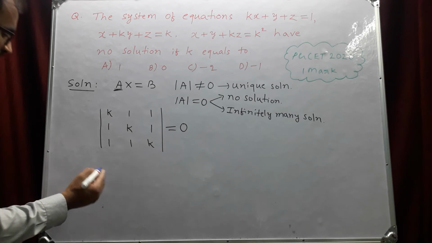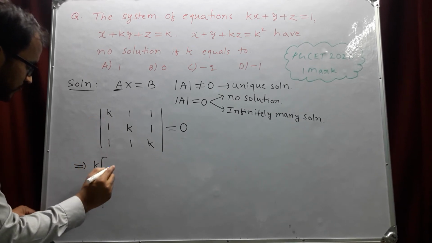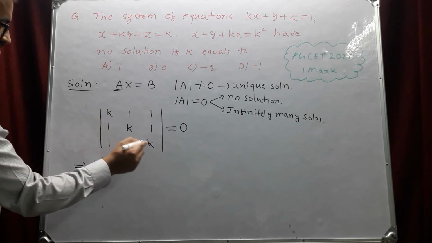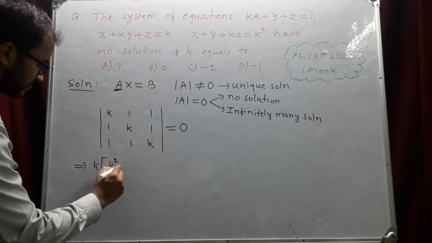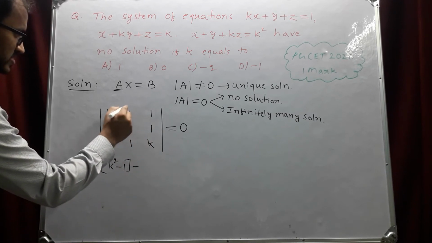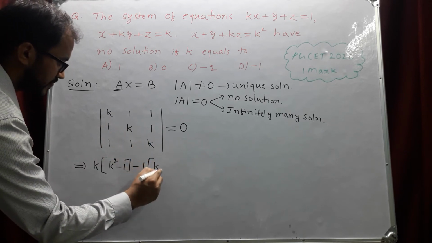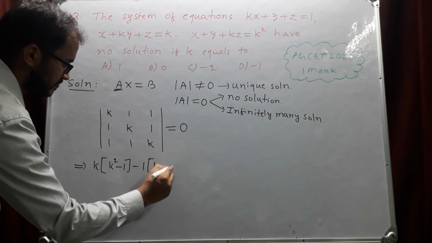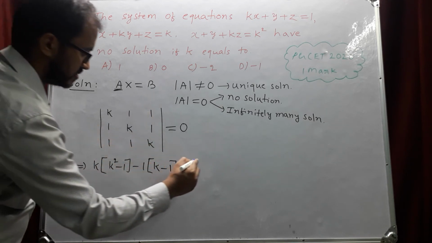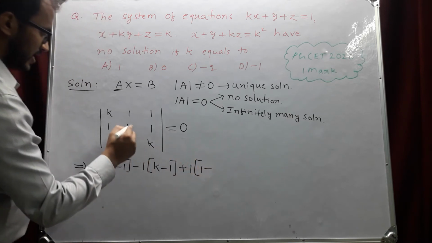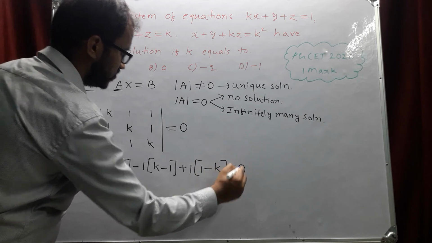Now if you expand this determinant, so that is k into this into this, that is k square minus 1, minus 1 into k minus 1, plus 1 into 1, minus 1 into k, that is equals to 0.